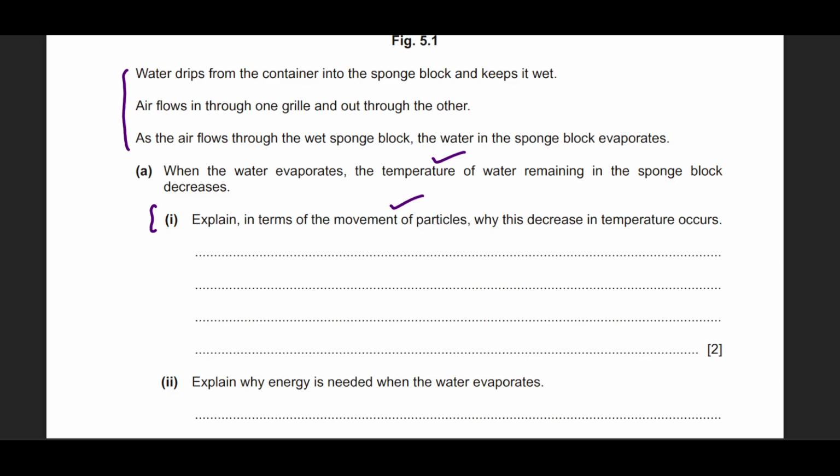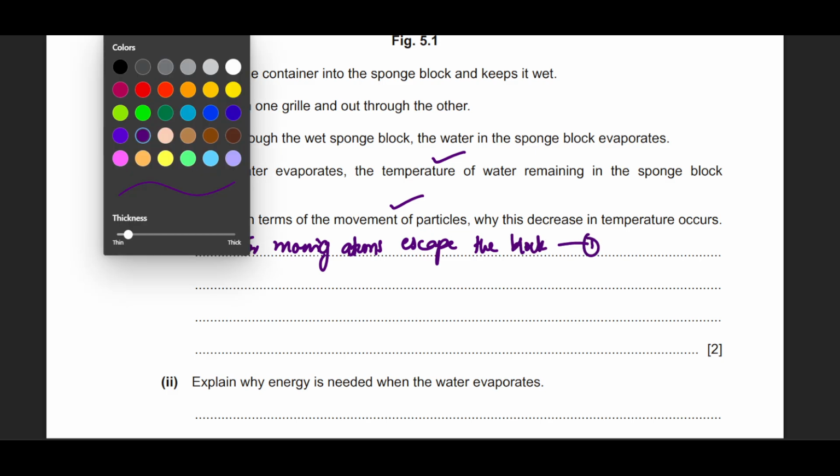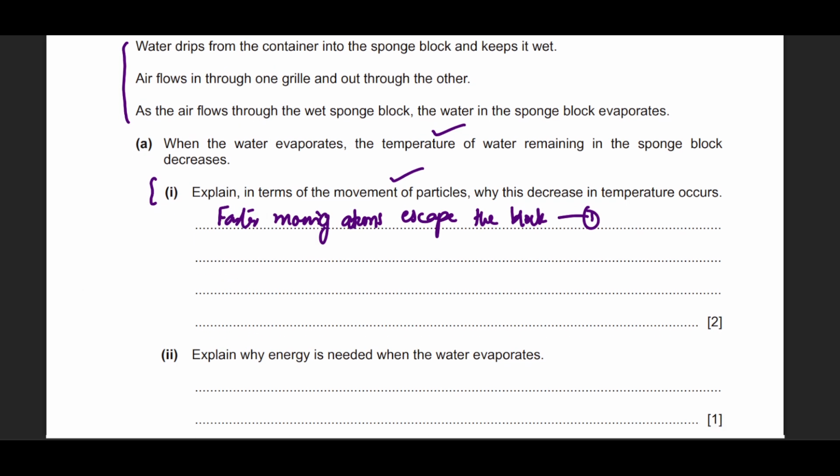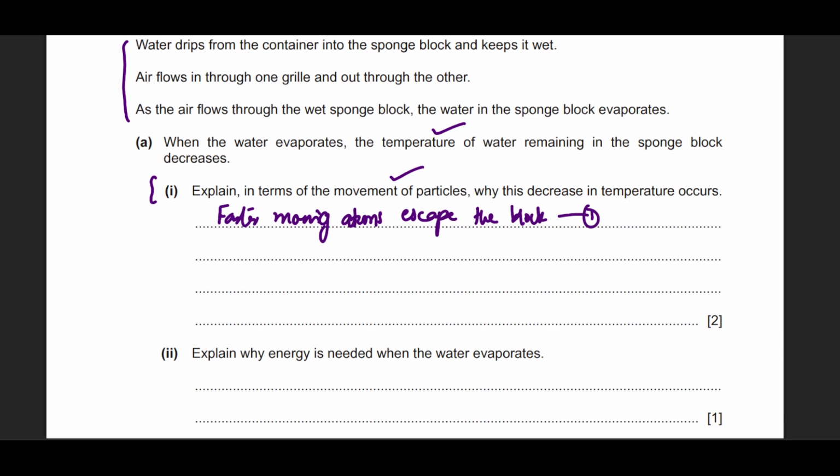Movement of particles, why the decreased temperature occurs. So you have to talk about molecules and atoms. Okay. So you mentioned that the faster moving atoms escape the block, 1 mark. But when this happens, what does it do to the remaining particles that are present in the system still?